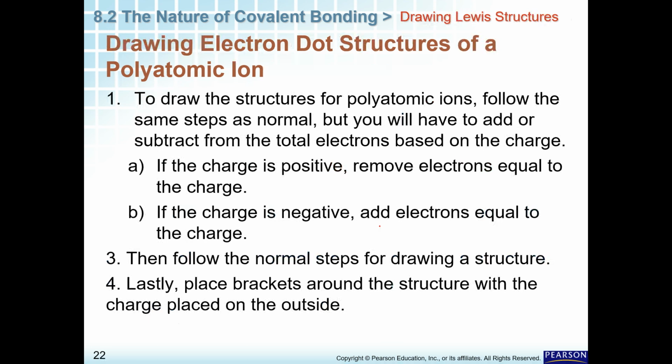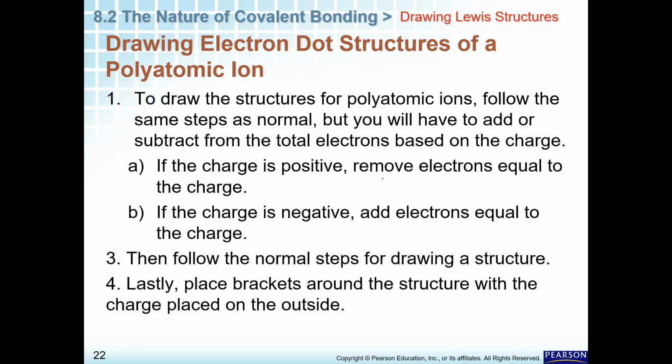So how do we actually draw structures for polyatomic ions? To draw them, we're going to follow the same steps that we learned in the last lesson. The only thing we have to change is we have to add or subtract from the total electrons based on its charge. Remember, if you have a charge that is positive, just like in Chapter 7, that means that we have lost electrons.